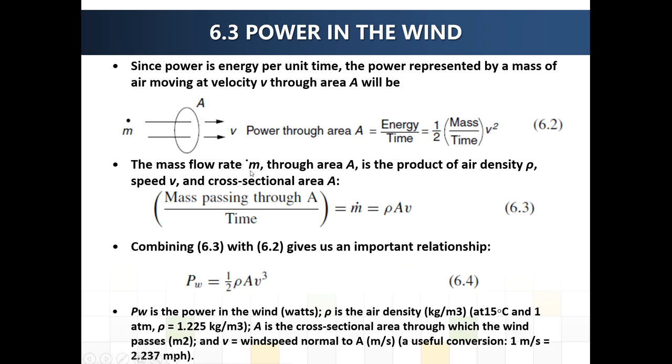The mass flow rate m through an area A is the product of air density rho multiplied by speed and multiplied by cross-sectional area A. Combining equations 6.3 and 6.2, we can obtain that the power of wind is equal to 1/2 rho, the air density, multiplied by the cross-sectional area A, multiplied by V cubed.